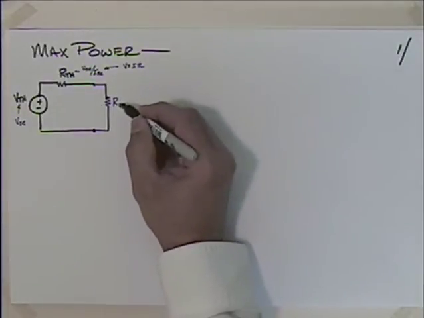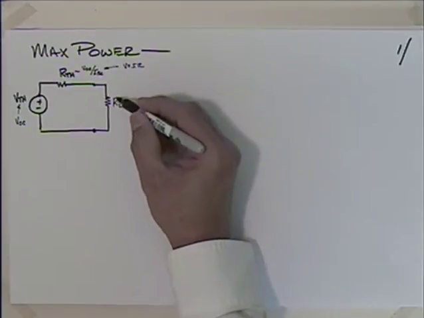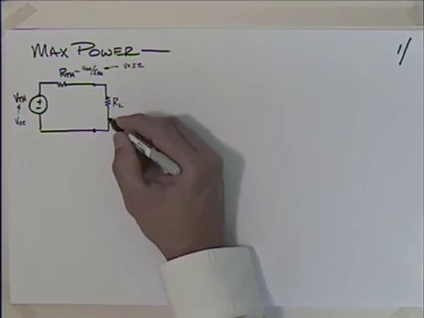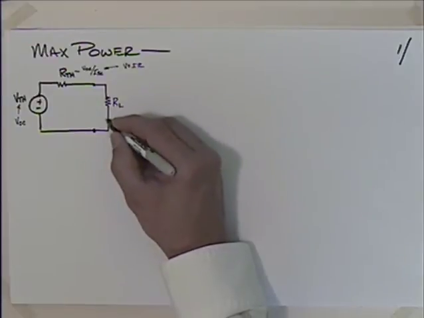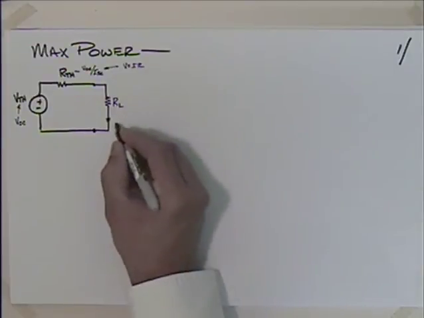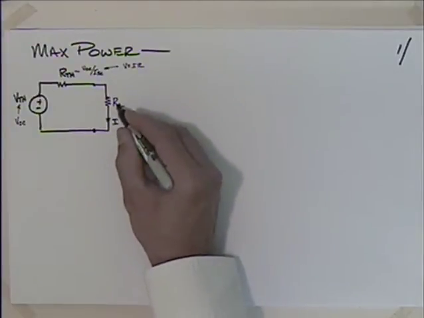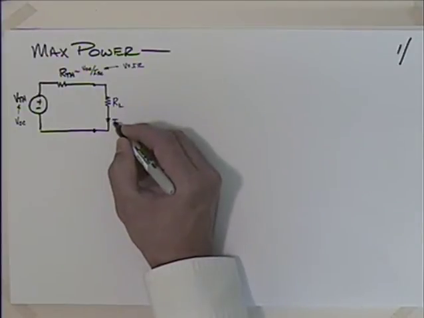And anyway, back over here to this load resistor, R sub L, you could imagine if the resistance is too great, this current through here, and I call this current I, will be small.